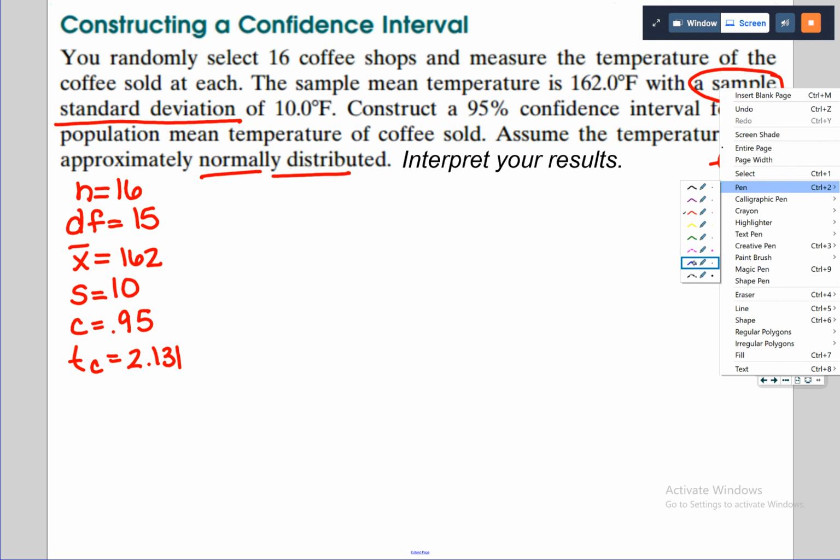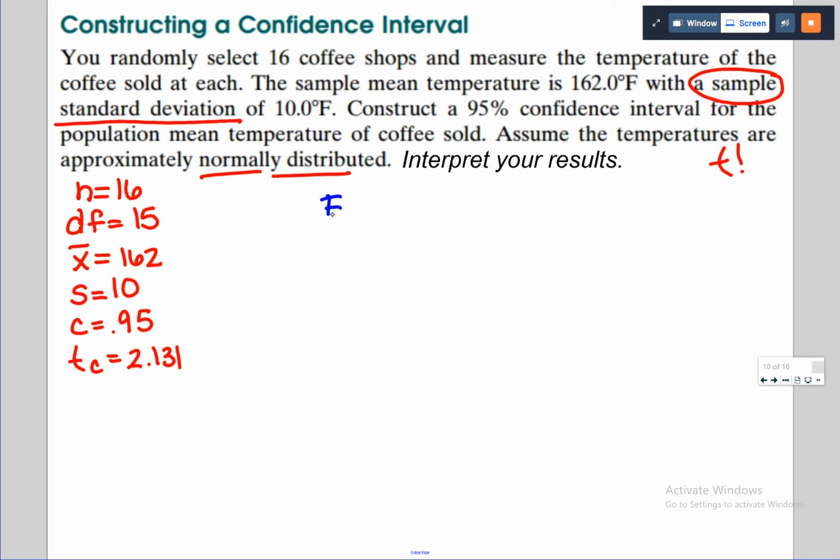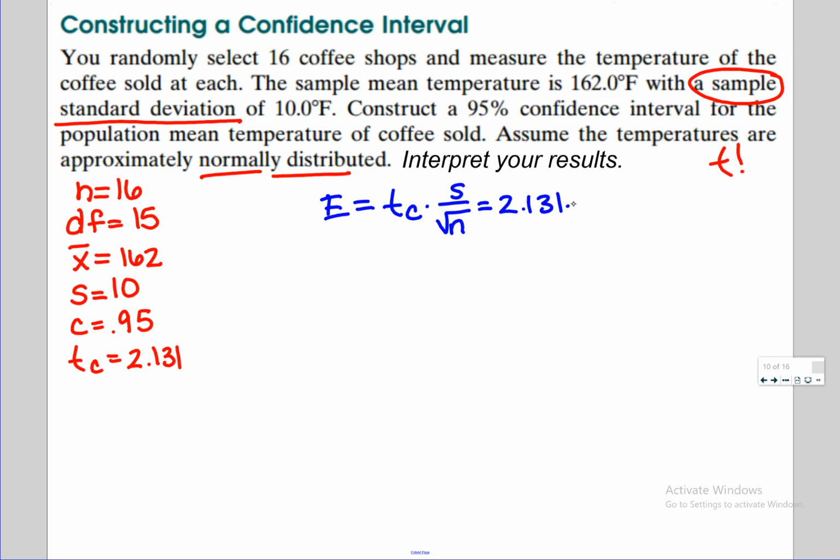Once you've got all those values, we can calculate our margin of error, which is going to tell us what to add and subtract to that sample mean to get our interval. Formula again for that was the critical value of t times the sample standard deviation over the square root of n. So 2.131 times s is 10 over the square root of 16.